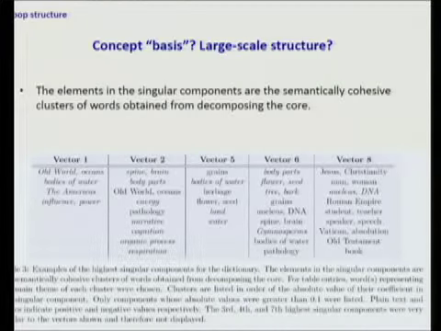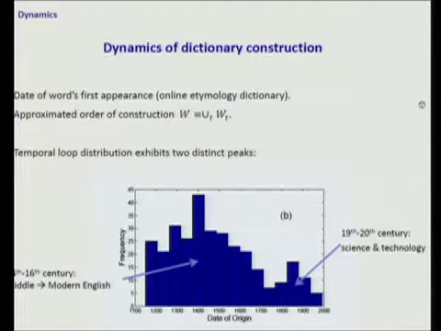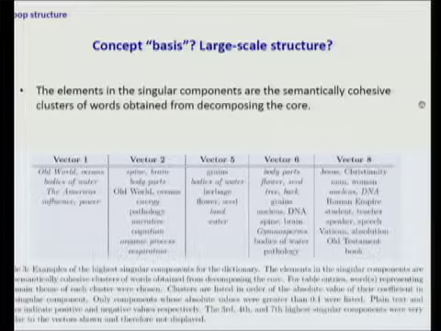So, well, you see that you can use this loop to get a large-scale conceptual structure. Yes? What are the eigenvalues? Are they very separate? Yes. One is very high, and then the rest are far away.